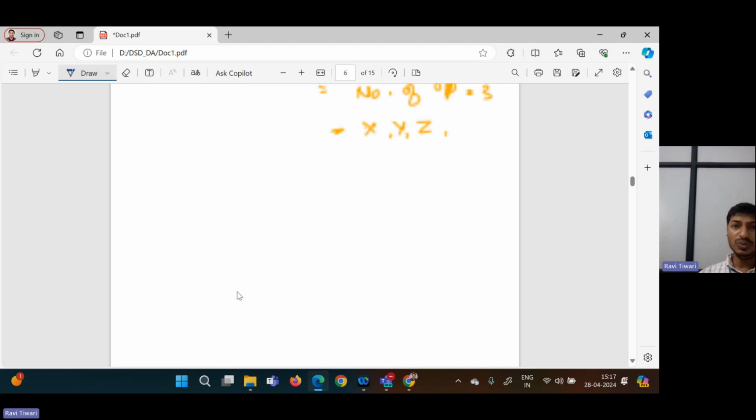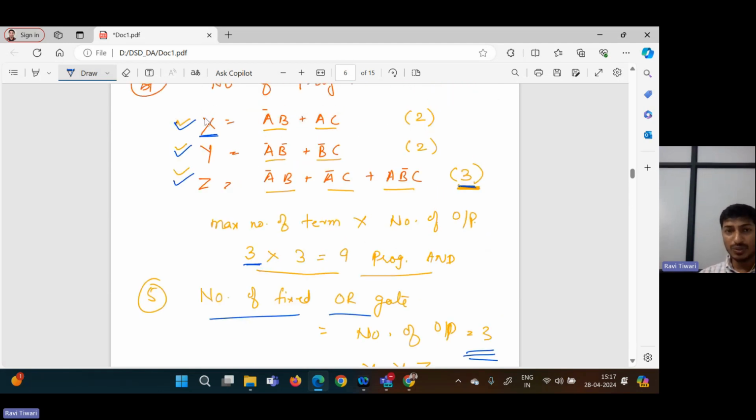But as I told you, 3 AND gates are dedicated for X also, but we have only 2 terms. So that extra term you have to add as a fuse. Here also we are having 2 terms only. The third term will be considered as fuse, because we are multiplying 3 terms maximum, because in Z we have 3 terms.